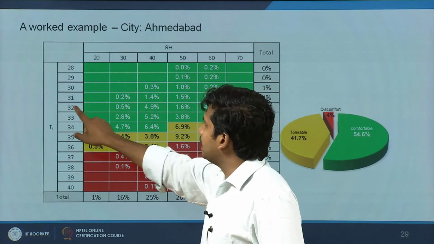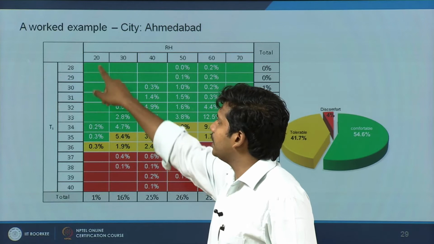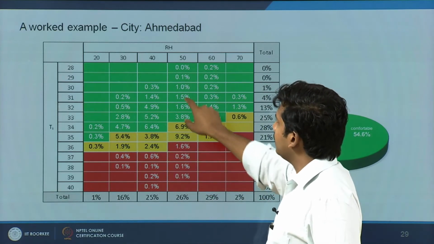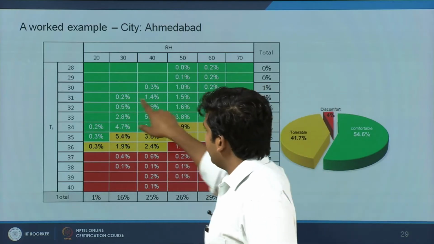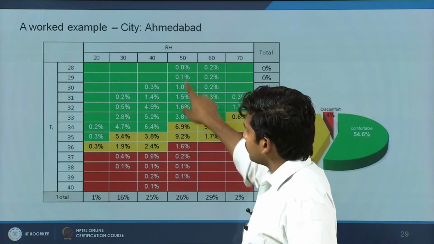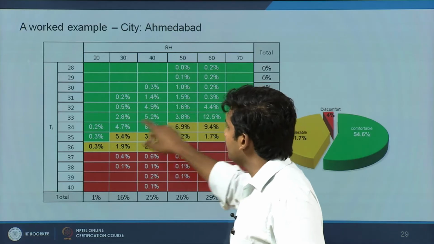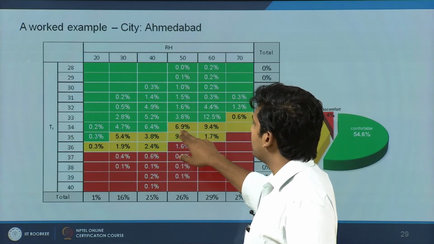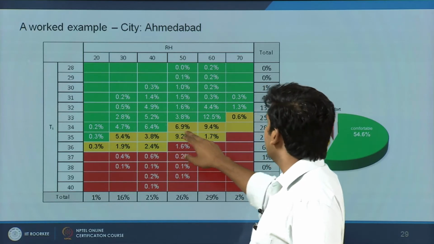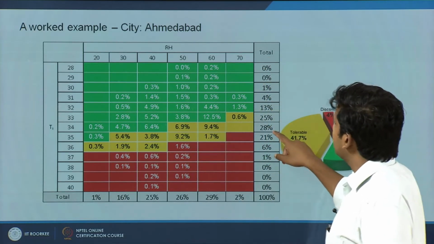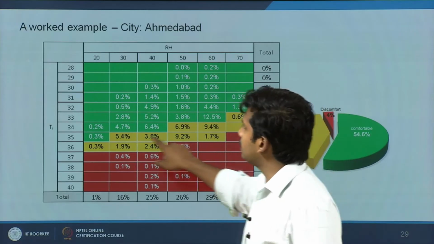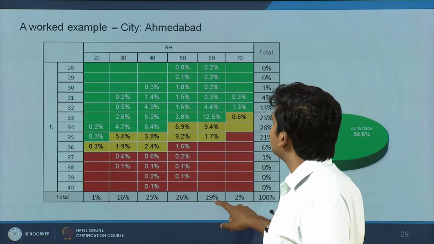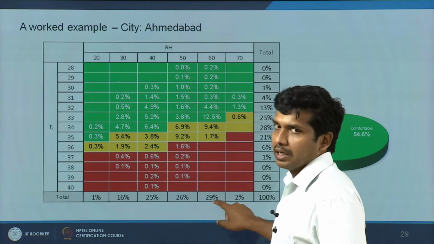Say we did not measure anything at 31 degrees and 20% humidity, whereas about 1.5% of data fell at 31 degrees and 50% relative humidity. At 34 degrees and 50% relative humidity we had about 7% of data. About 28% of the data was around 34 degrees, and around 29 to 30% of the data had 60% relative humidity.